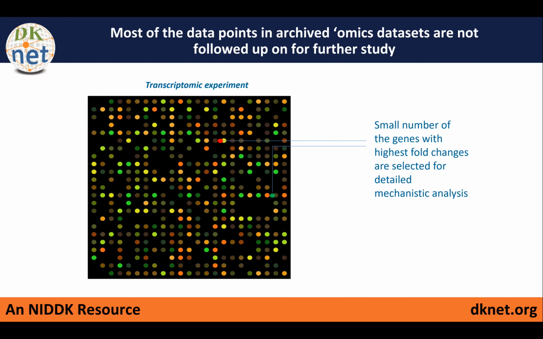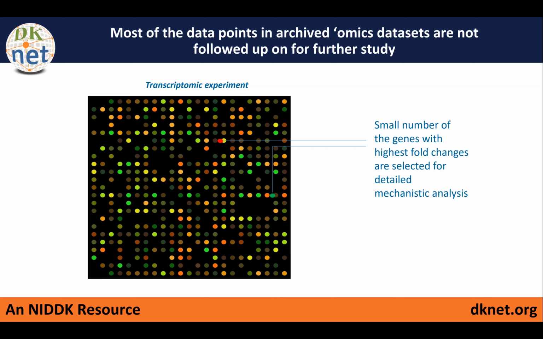Now, even though omics platforms inform upon thousands of specific events in a cell, as a consequence of the way in which research is done and funded, in order to publish a research article, investigators will often only focus on a small handful of those events that are of most interest to them, and look at those in more detail.